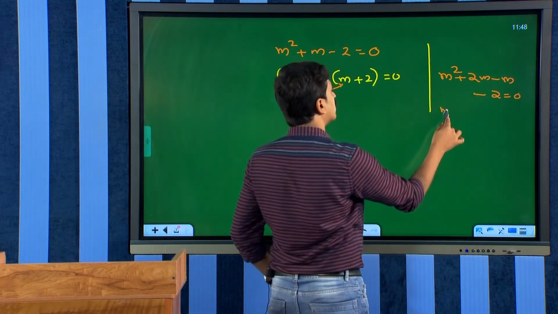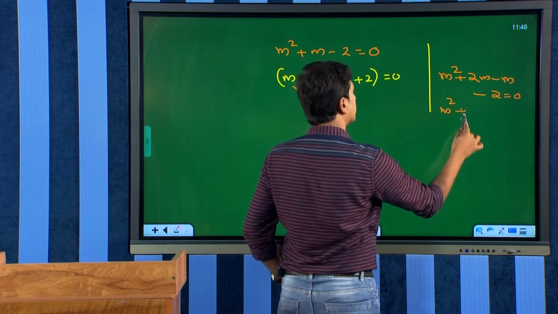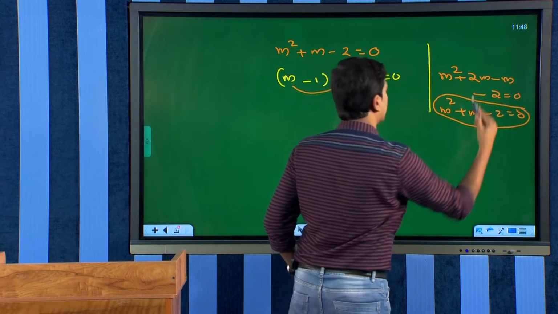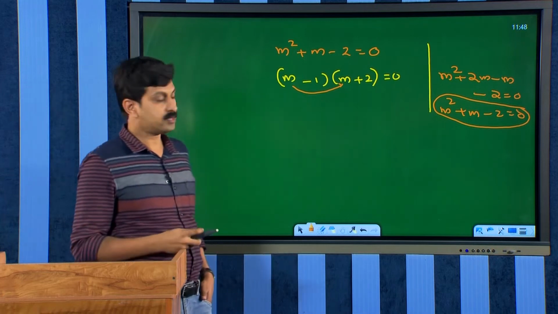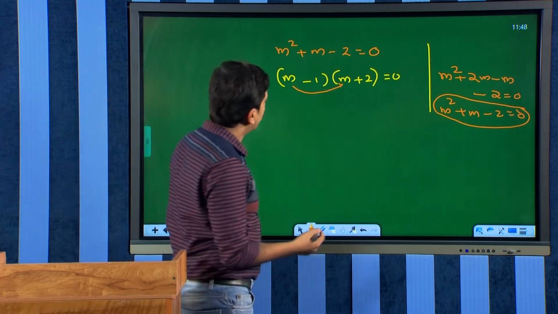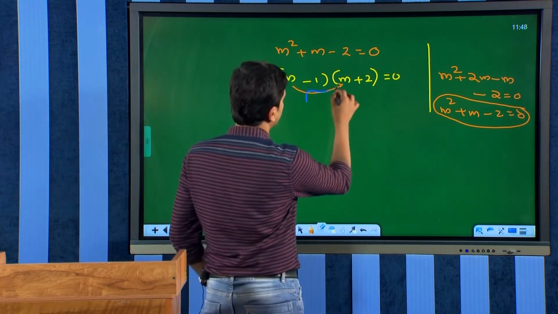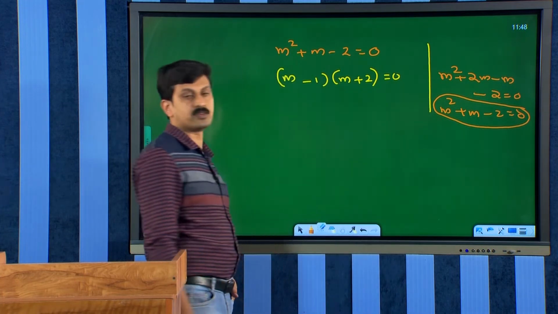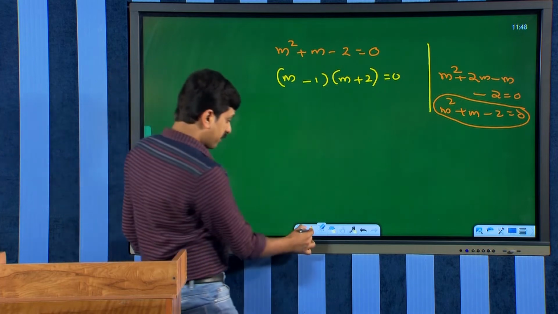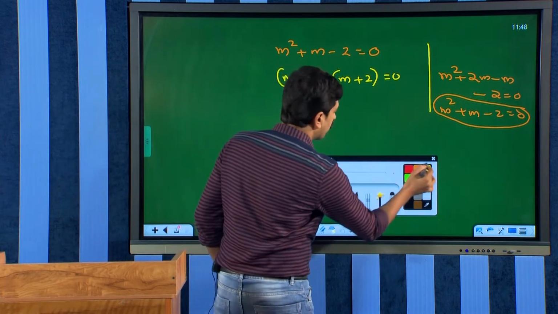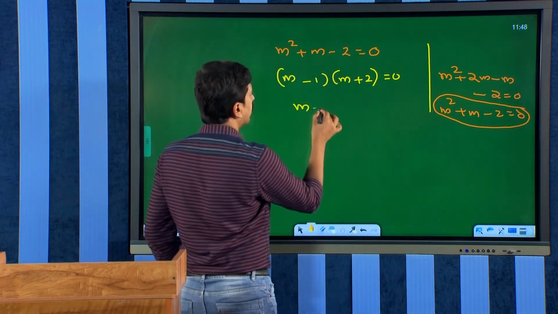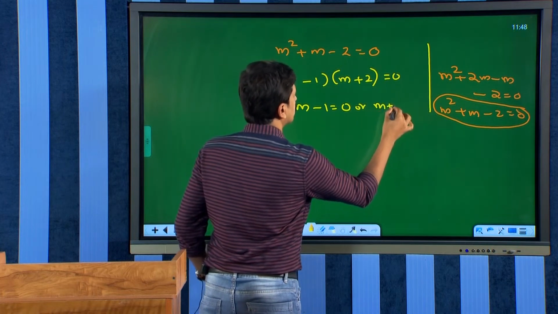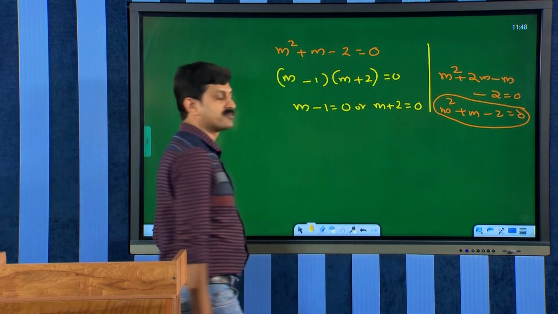See, my dear students, m square plus 2m minus m minus 2 equal to 0. You can understand that from here. Therefore, m minus 1 into m plus 2 equal to 0. From here we can say that m minus 1 equal to 0 or m plus 2 equal to 0.